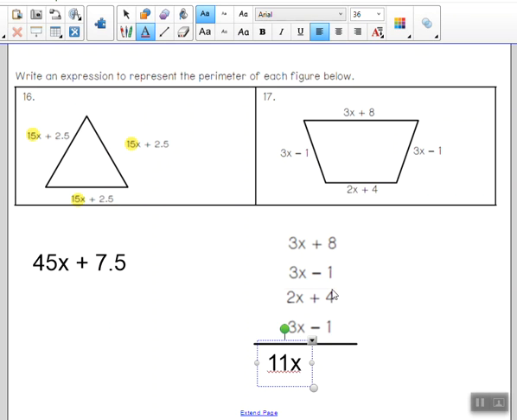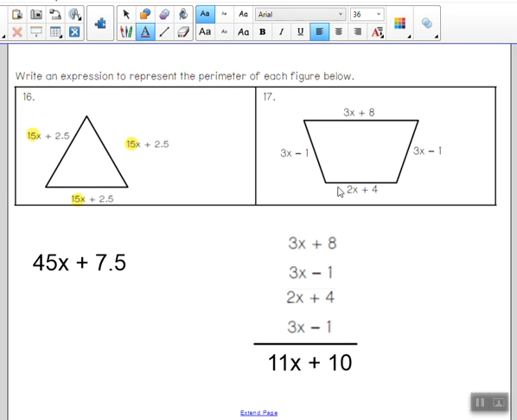But I also have these constants. But now some of them are adding and some of them are subtracting. So look at it like this, 8, take away 1, well, that's 7. I want to add 4, well, now I'm at 11. Take away 1 again, now I'm at 10. And I'm at a positive 10. So I'm going to show that by adding 10.